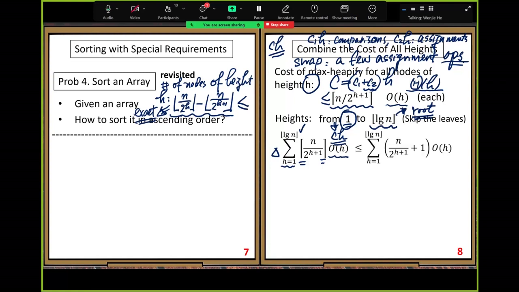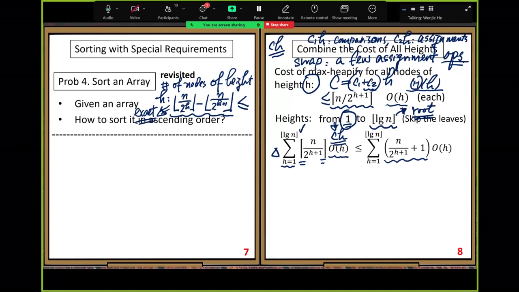This summation, because the ceiling function is not very easy to handle, right? With the ceiling function there is a small difference, but that small difference is hard to control. We do not know how large that small difference is. But in our estimation formula, let us remove the ceiling function and replace it by a larger expression plus 1.